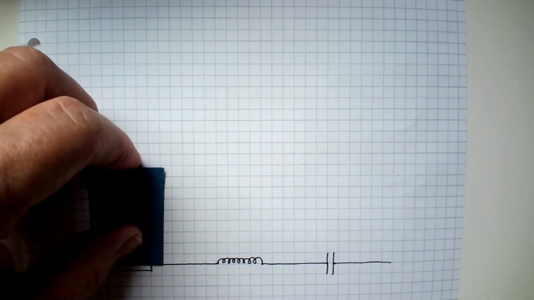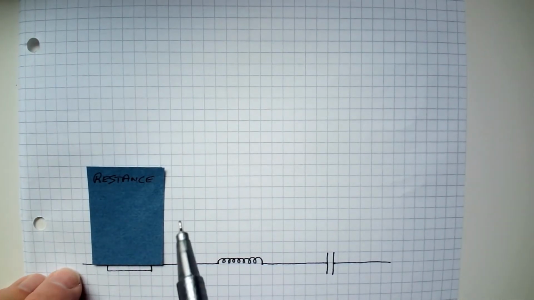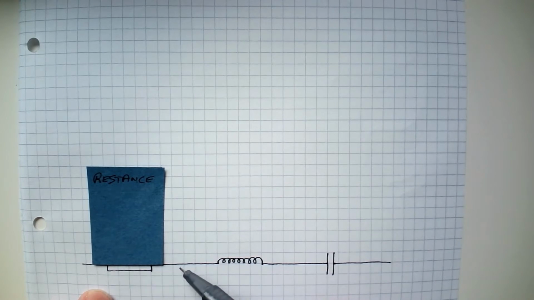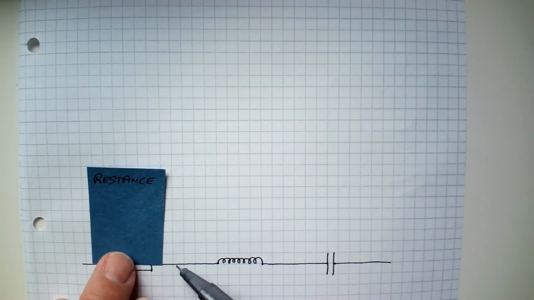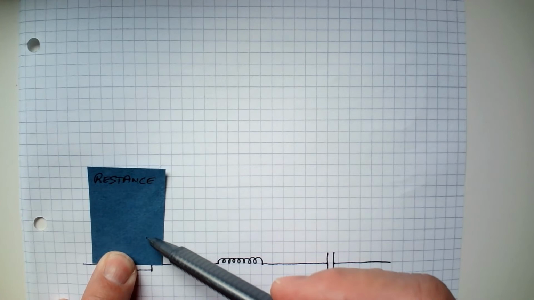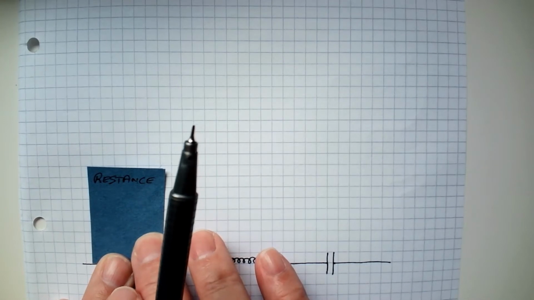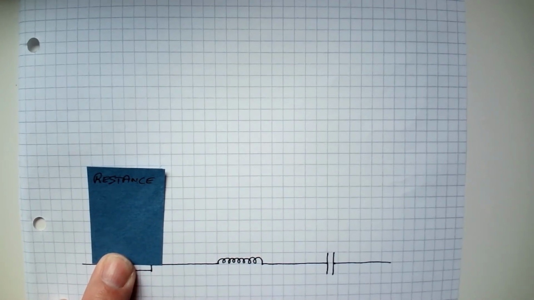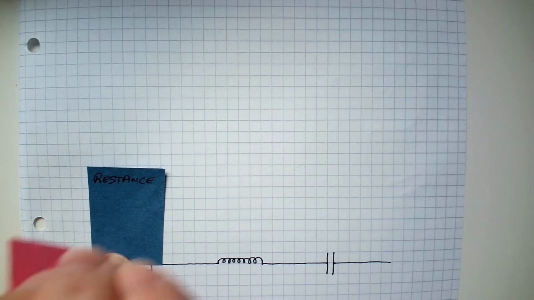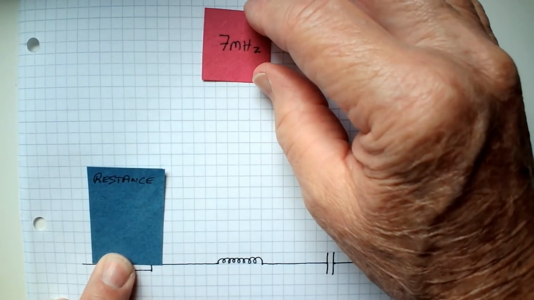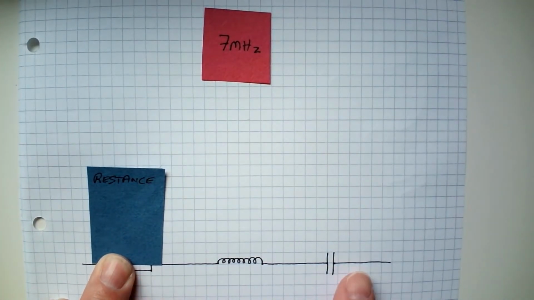So I'm going to put a piece of card in here and tell you that by sitting the card on the bottom line here on the wire, this amount of resistance represents the value of the resistor and or the resistance in the wires. Now, impedance is frequency dependent, so we need to know what frequencies we'll be talking about, and in this instance alone, I'm going to say we'll imagine that there's a frequency of 7 megahertz travelling through this circuit.